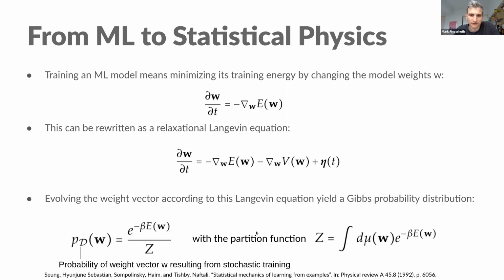In this Gibbs probability distribution, we also have this partition function Z. The way we can think about this distribution is that it tells us the probability of a particular weight vector W resulting from stochastic training. Given a data set and a particular model instance, if we run the training 100 or 1,000 times, what is the probability of getting a particular model out of this training?